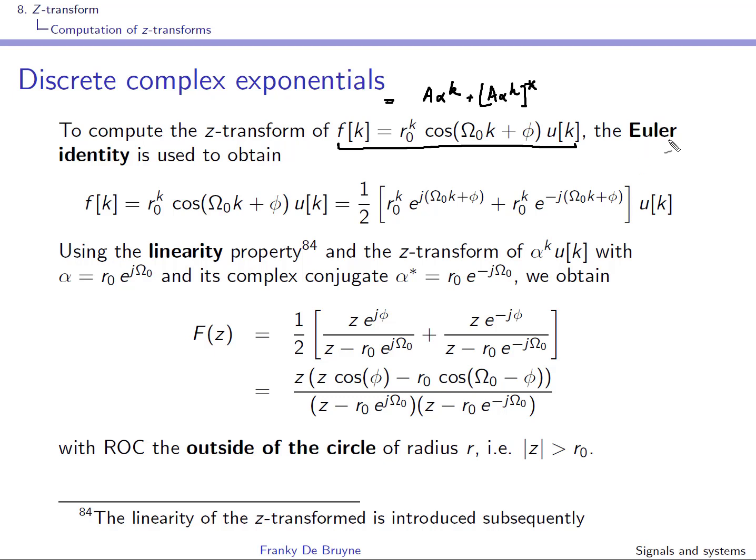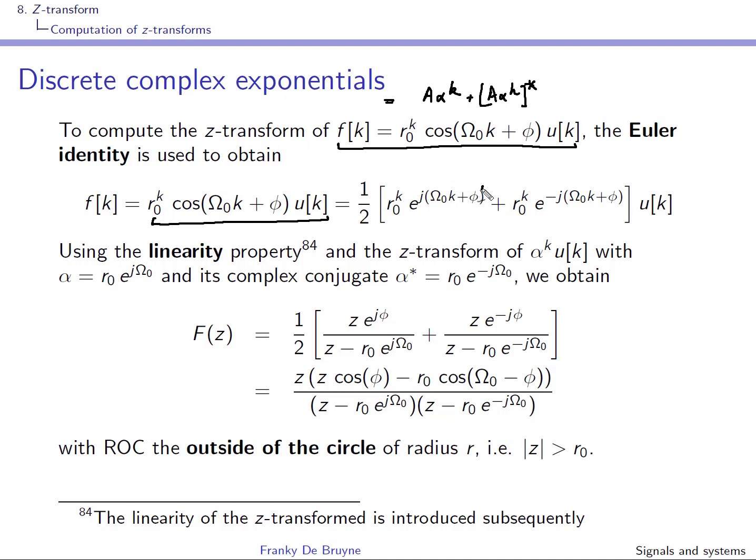So again, you can use Euler's identity to rewrite this signal as follows. It's an exponential that is counterclockwise plus an exponential that is clockwise, and then you have this factor 1/2, something that we have encountered quite often.